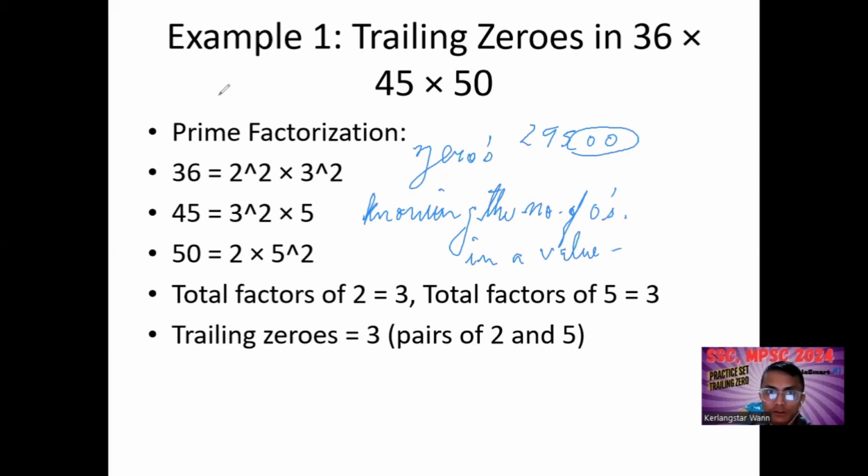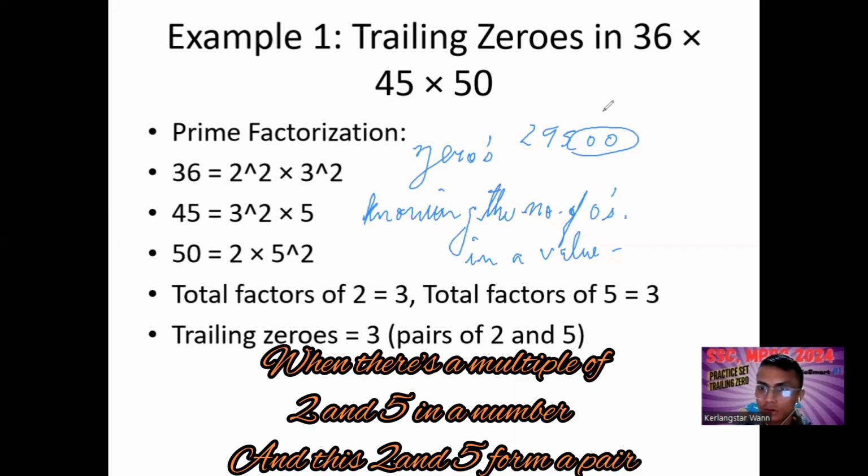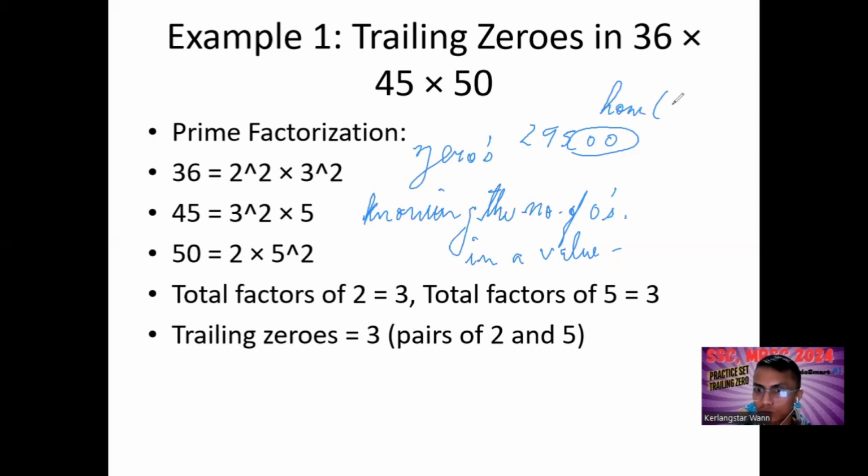So the first example is, how can we know this? Whenever we find 2 and 5 in a number, then there will surely be zeros.